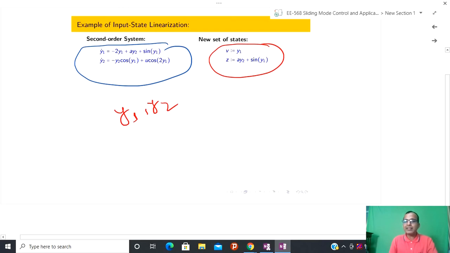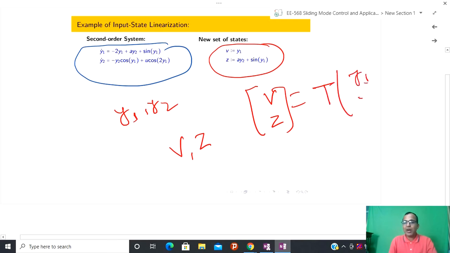If you select this variable, now I have another variable, that is v and z. So I have defined some kind of transformation of y1 y2. This is an incorrect way to write, so I have to write it like this: transformation T as a function of y, where y is basically y1 y2.